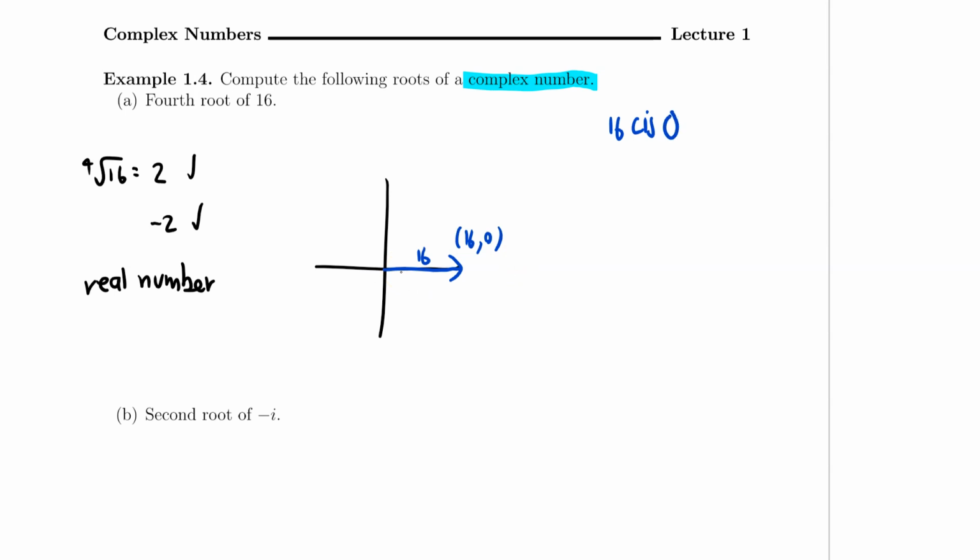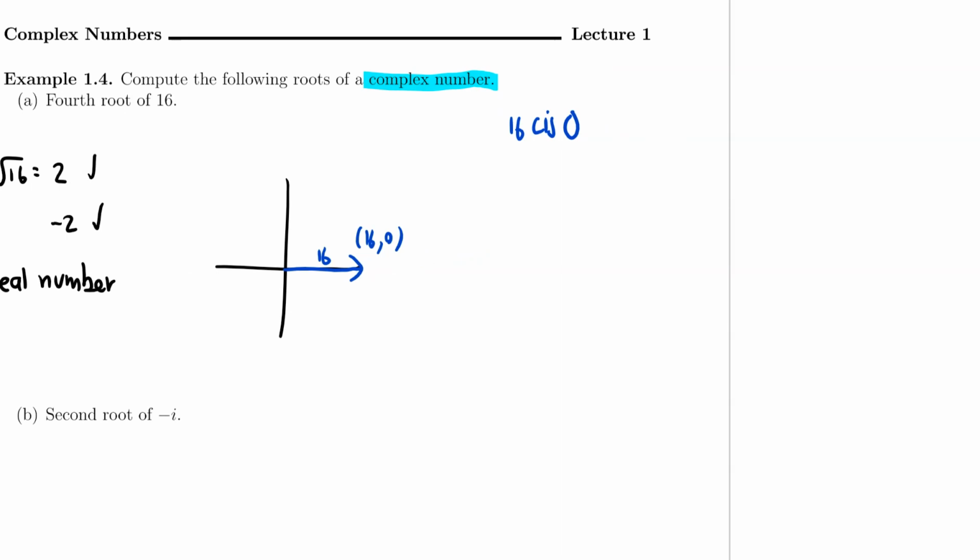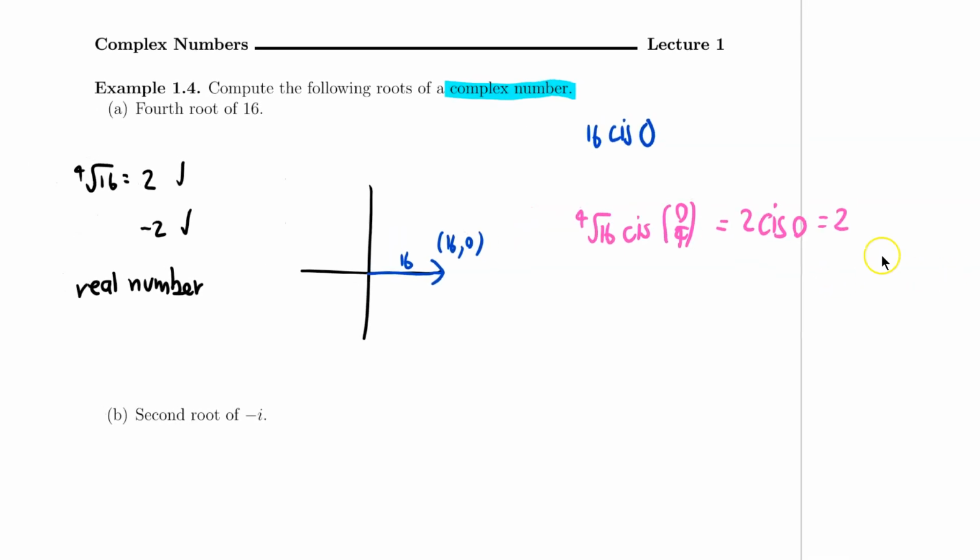So the fourth root for this guy is going to be the fourth root of 16, cis of 0 over 4. This is going to be my primitive root, and you can see that this is going to be 2 cis of 0. 2 cis of 0 is just 2. So this is one of the roots that we saw earlier, and we see that 2 to the 4th power is indeed 16.